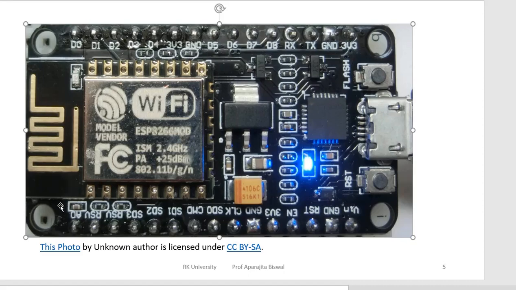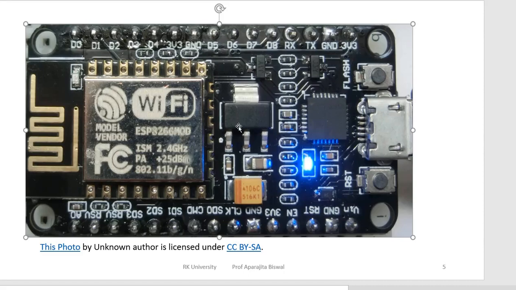Another important IC is there, that is CP2102, which is a USB to UART bridge. Through this, we upload the program to the board. This is the chip that is known as CP2102. This is the voltage regulator.